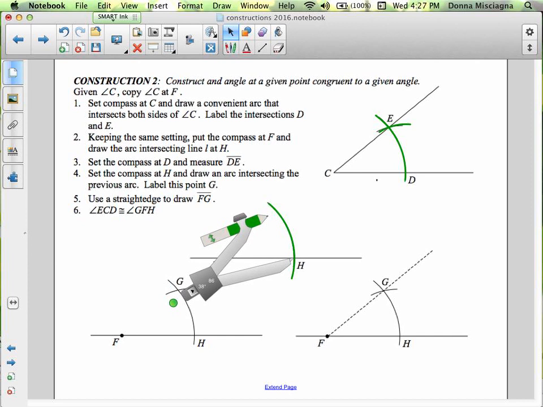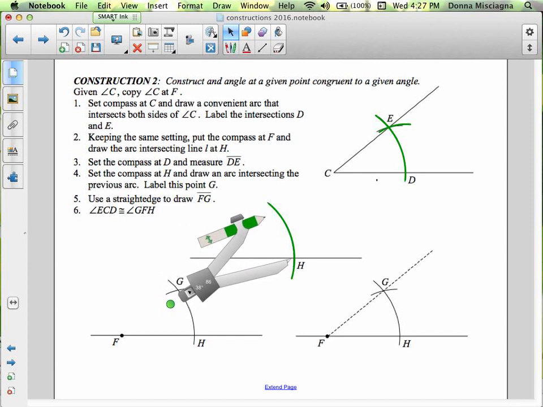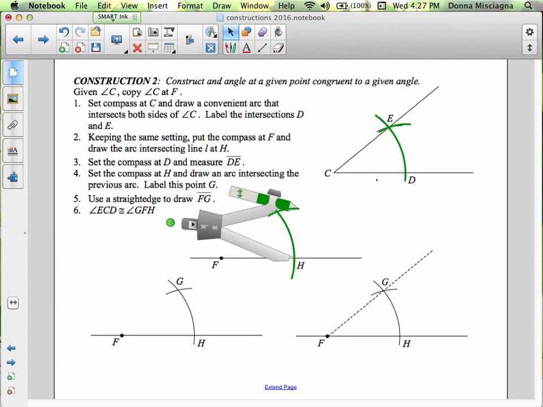If I measure way down here, that's not going to be the same distance across as if I measure from the same distance as that point there, which is going to end up being the vertex of the angle. So we want to place the compass right on that arc we drew, and then we draw another arc.